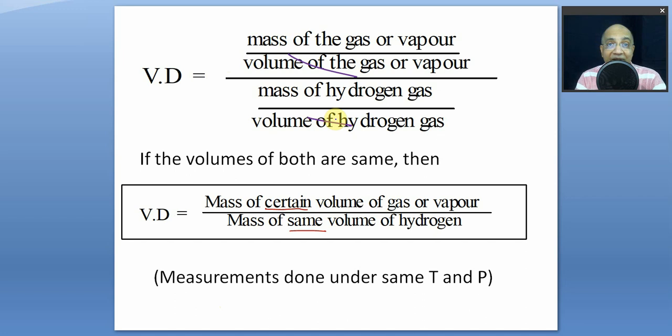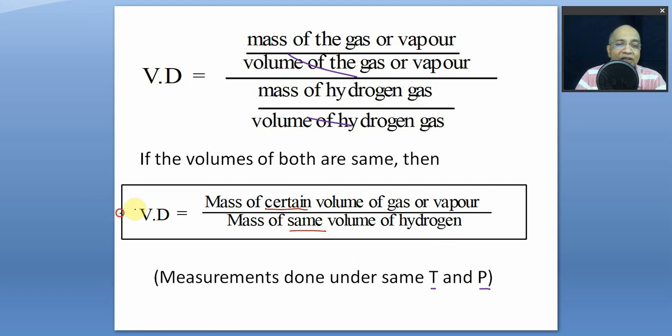In that case, the definition of VD is now reduced to the mass of a certain volume of gas or vapor divided by the mass of the same volume of hydrogen, because we have kept the two volumes the same. And then VD is nothing but the ratio between their masses, mass of a certain gas divided by mass of the same volume of hydrogen, and the measurements are done under the same temperature and pressure.